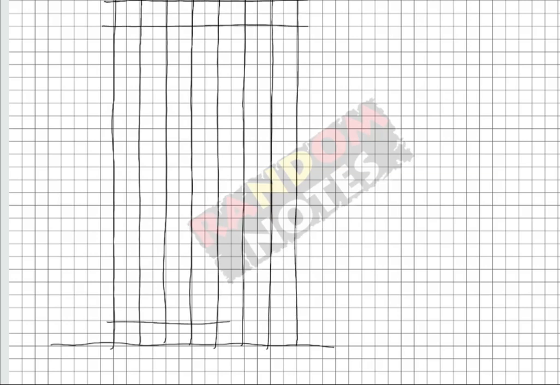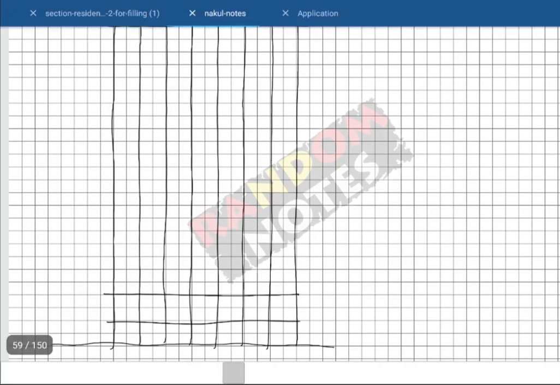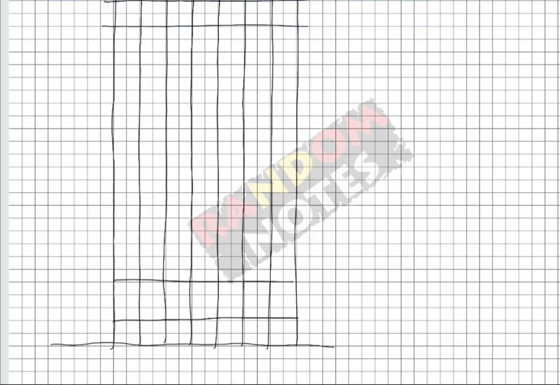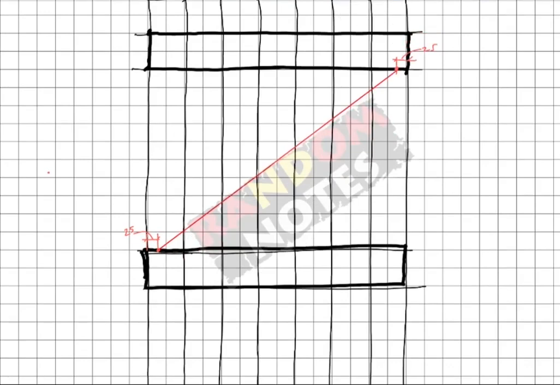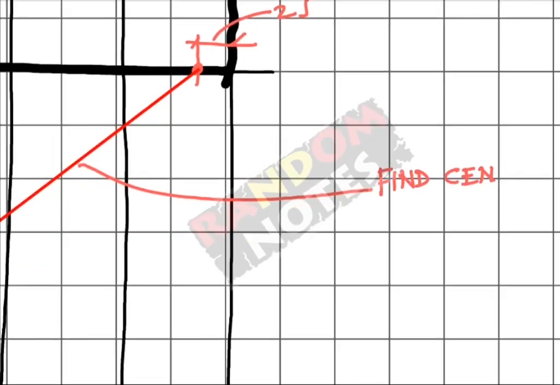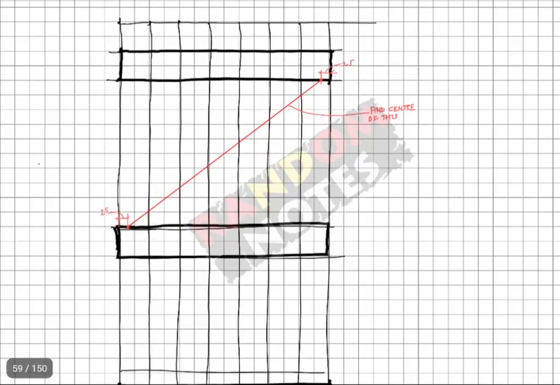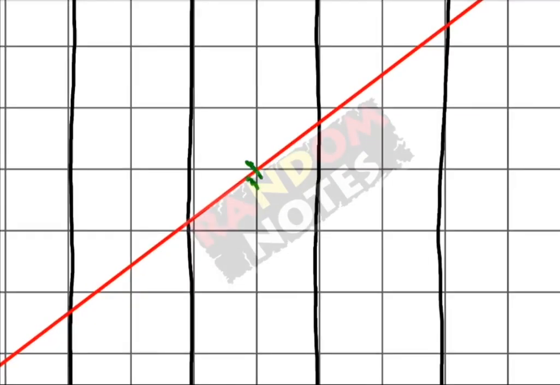Let us understand how we will draft the two braces in the elevation of ledged, battened and braced shutter. Take a line at 25 mm at these 2 points. Join the 2 points and find its midpoint.